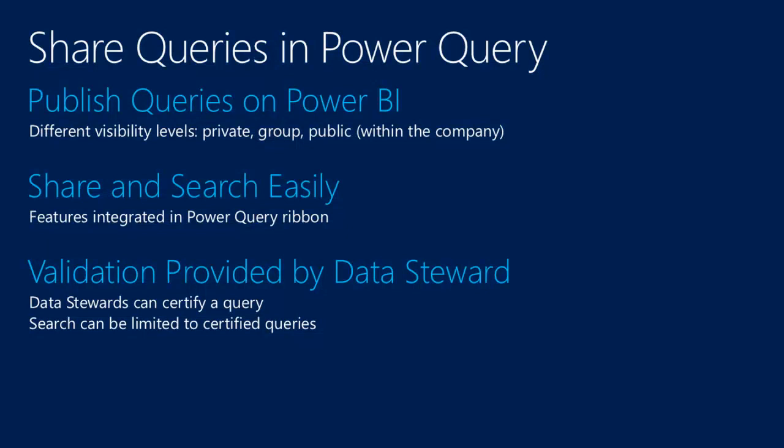And we have to validate data, and this data validation is an action that is in charge of a particular person that is called the data steward. The data steward is a role that you can define in Power BI, in the Power BI portal.